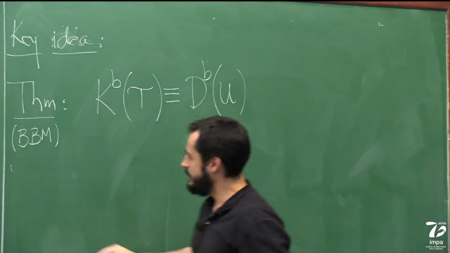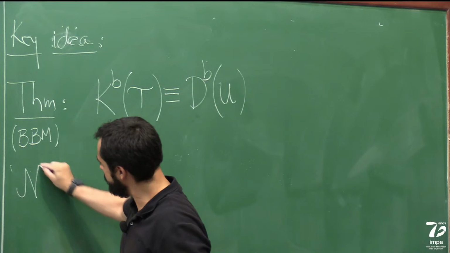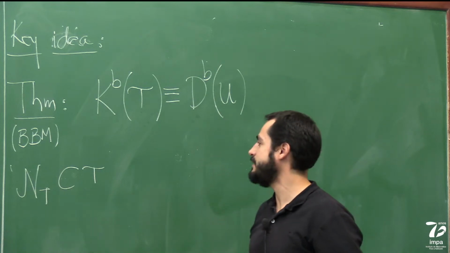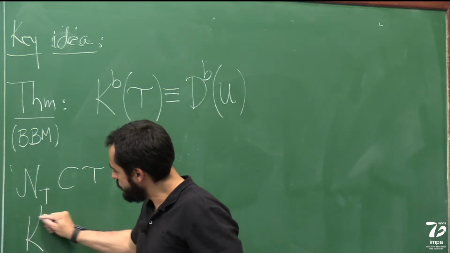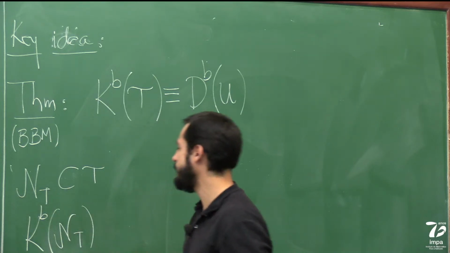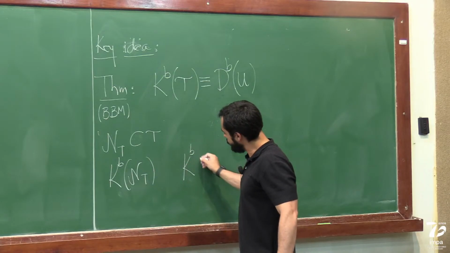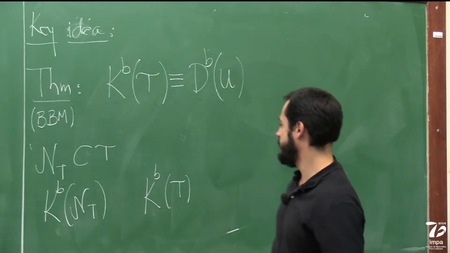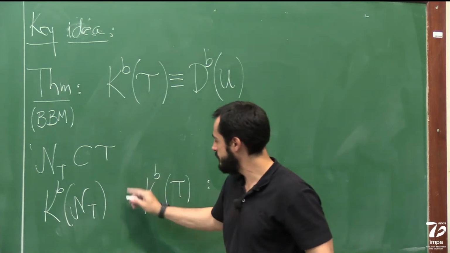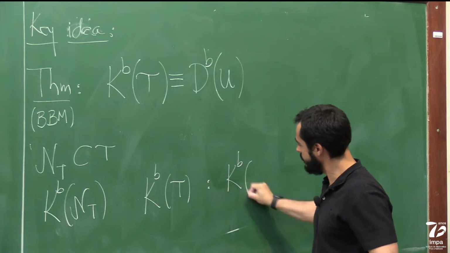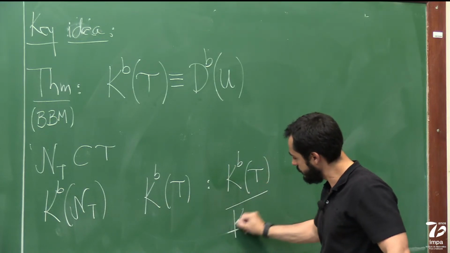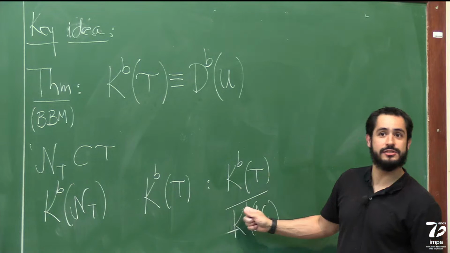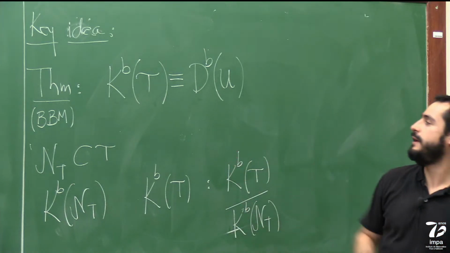And with this equivalence, you can do the following. I have negligible tilting modules inside my category of tilting modules. So I want to consider the homotopy category of negligibles and the homotopy category of tiltings. So I'm thinking on this side. If I do the same quotient, I want to do this quotient, K^b(T) modulo K^b(N_T), and to understand this quotient, how it relates with the usual fusion category.